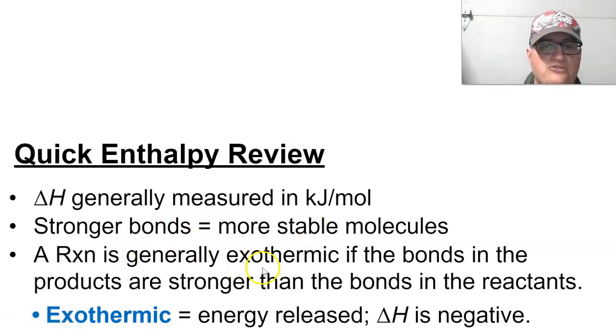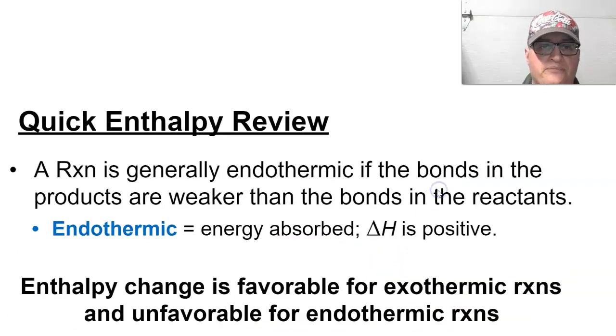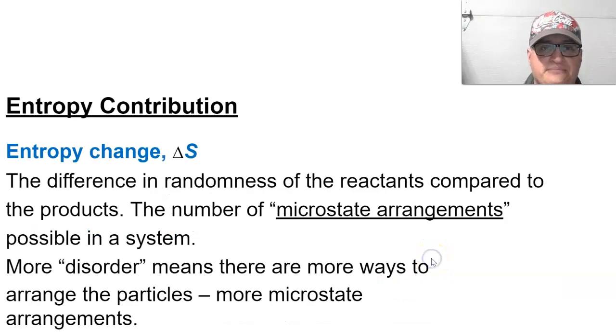And a reaction is generally exothermic if the bonds in the products are stronger than the bonds in the reactants. Exothermic, energy released, delta H is negative. So just recall those. Endothermic, energy absorbed, delta H is positive. Enthalpy change favorable for exo, unfavorable for endo, but that doesn't mean it can't occur. It's just not as likely.